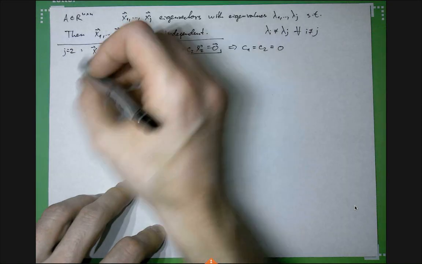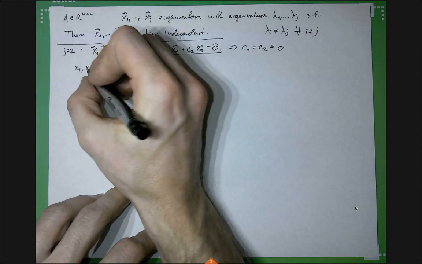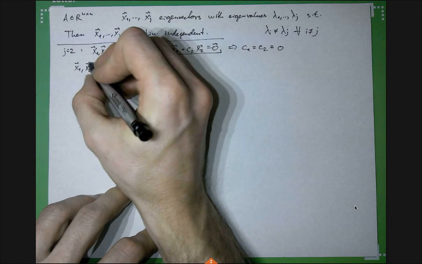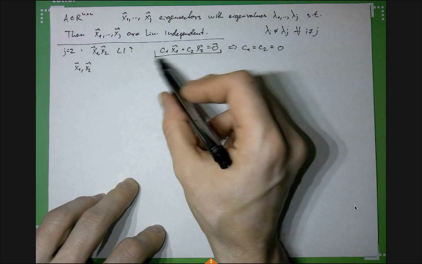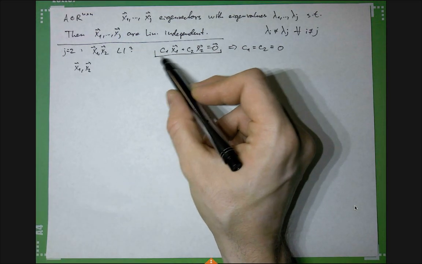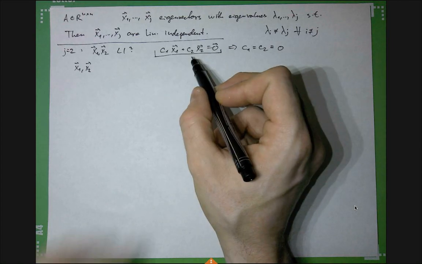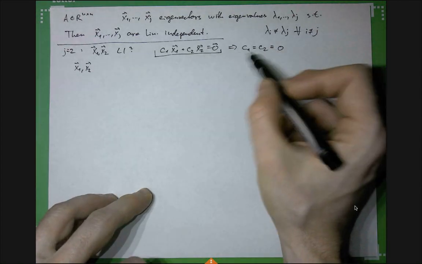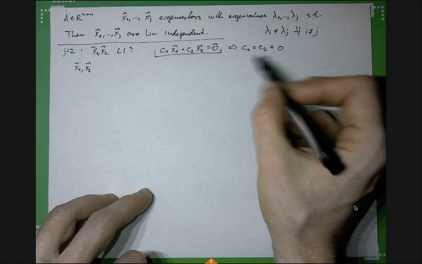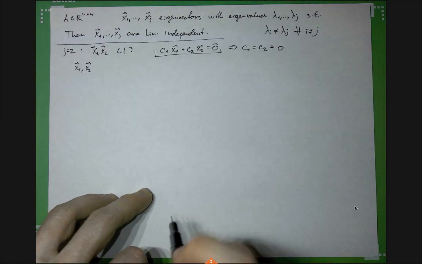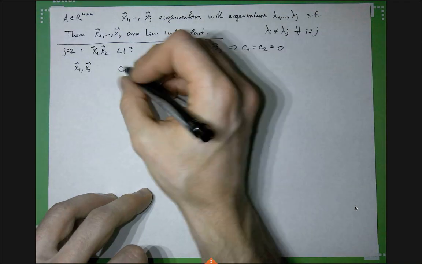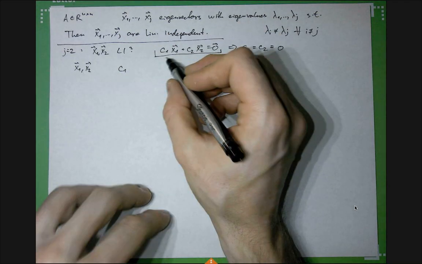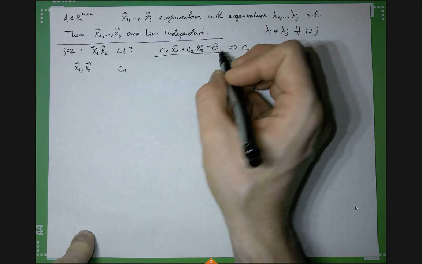So I take x1 and x2, which are eigenvectors of A, and I take some linear combination of them, and I want to prove that from this follows that C1 and C2 must be 0. So I know this, right? I know that C1 x1 plus C2 x2 is the 0 vector.